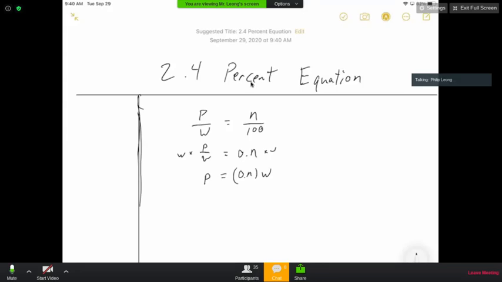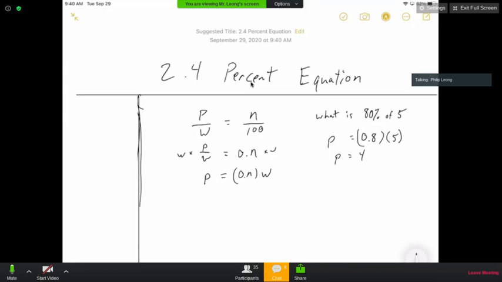If I said, what is 80% of 5, you said, well, I'm going to change this to a decimal, 0.8. I'm going to multiply that times 5, and I'm going to get the part. It's just multiplying, which is what we did in lesson 1. So you get P is equal to 4.